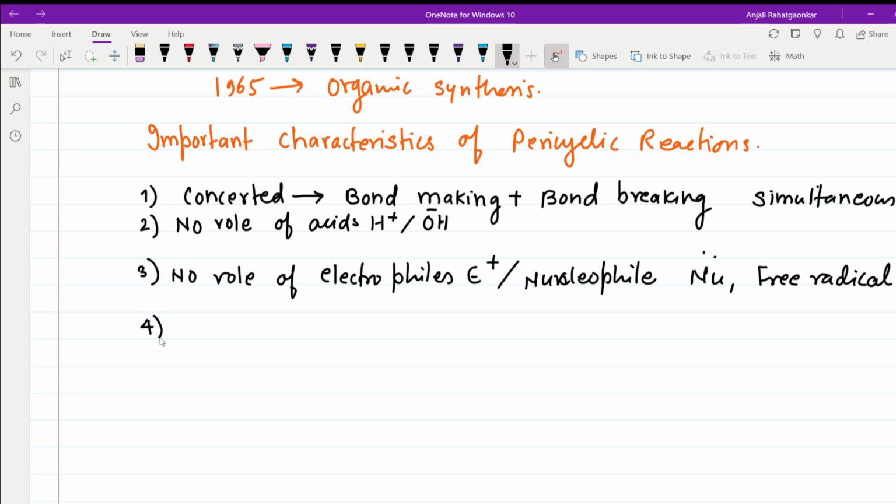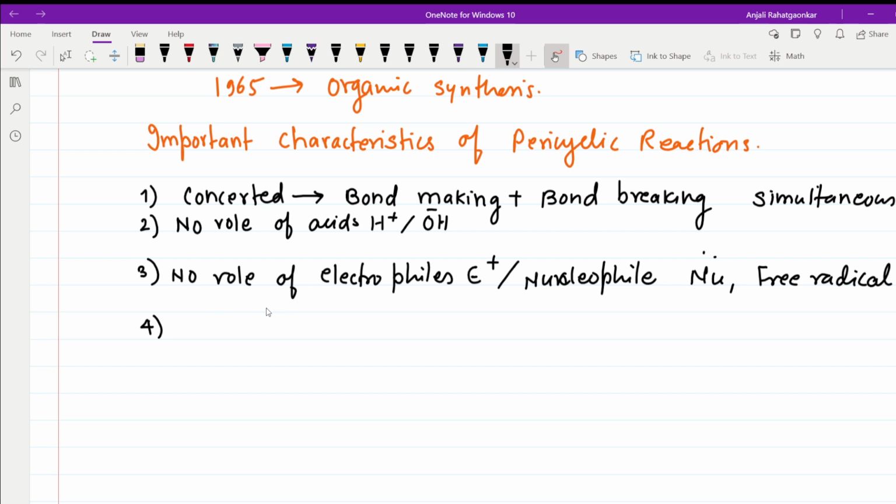So no electrophiles, no nucleophiles, and no free radicals are involved in the pericyclic reaction. These are the most important characteristics, and every characteristic is equally important, so please note them down.